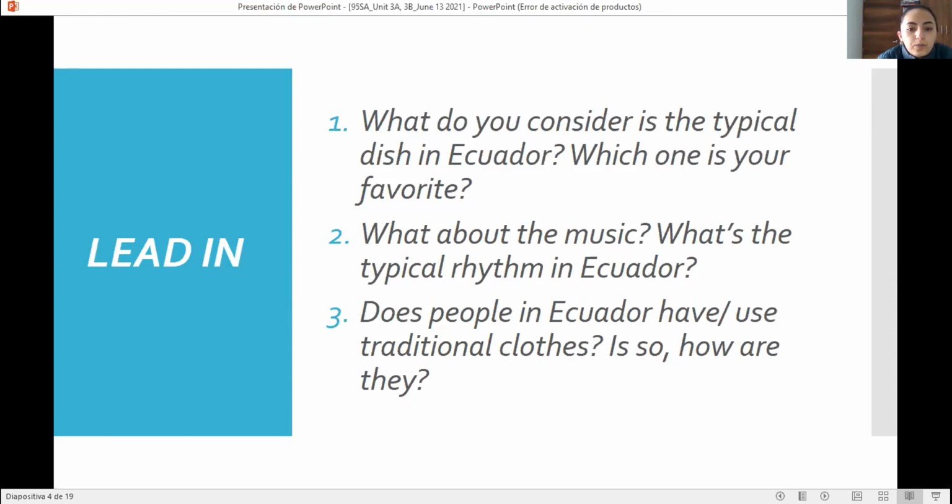Number 2, what about the music? What's the typical rhythm here in Ecuador? And the last question, do people in Ecuador have or use traditional clothes? If so, how are they? How are the clothes?